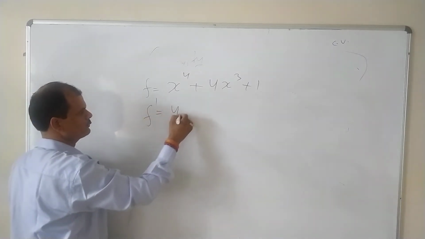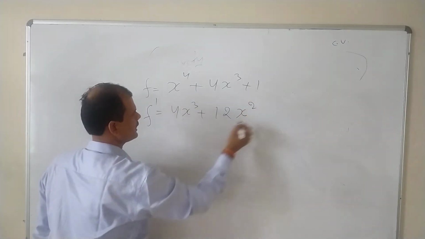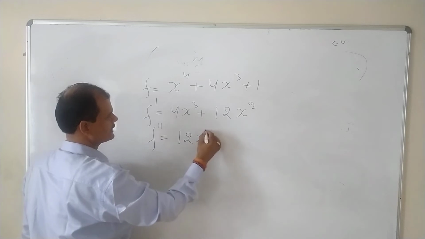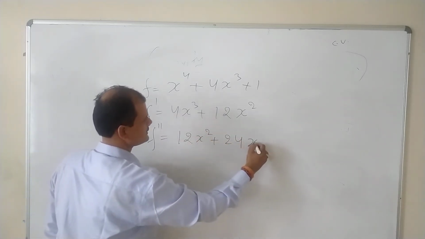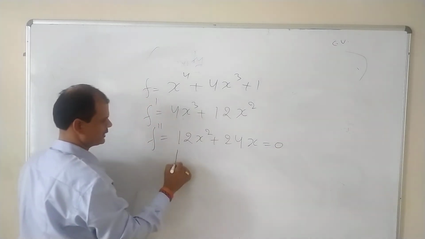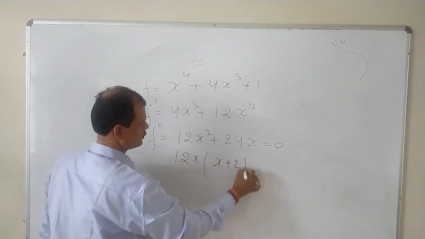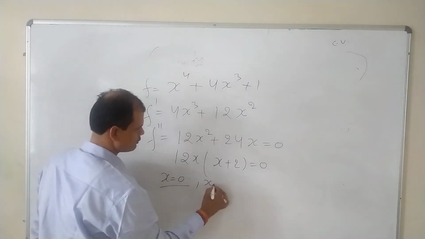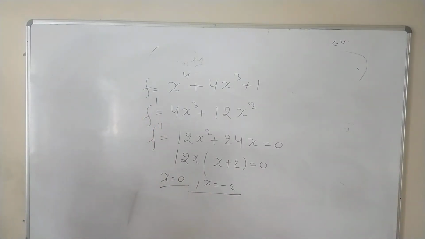So f dash equal to 4x cube plus 12x square and f double dash equal to 12x square plus 24x equal to 0. So we can take 12x common, so x plus 2 equal to 0. So x equal to 0 and x equal to minus 2. Here there are 2 points of inflection, x equal to 0 and x equal to minus 2.